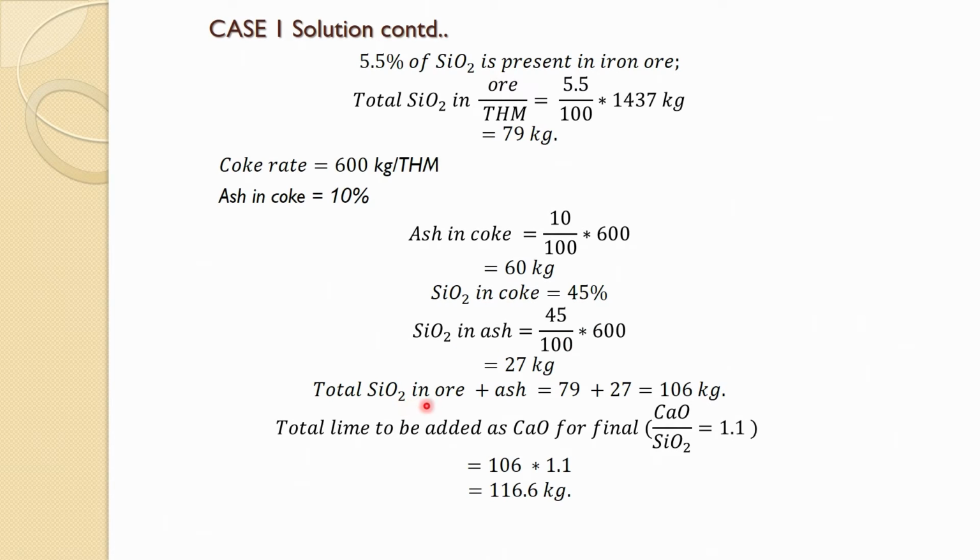So, total SiO2 in the ore, 79 kg is coming from the iron ore, and 27 kg is coming from the coke. So, total SiO2 would be 79 plus 27 equals 106 kg. Now, total lime to be added as CaO for the final slag. We know basicity is given, which is nothing but CaO to SiO2 ratio.